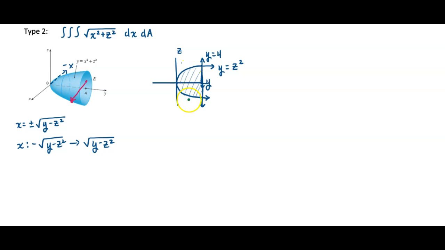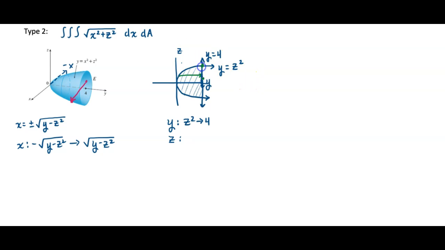Now I can write this again as a type 1 or a type 2 region, and I'm going to go for type 2, because that way I'm going from one function to the other. And so I'll have an equation in the form of y equals something. So this is going to be y equals z squared, and so my y's are going to go from z squared to 4, and my z values are going to go, well, where does this intersect?